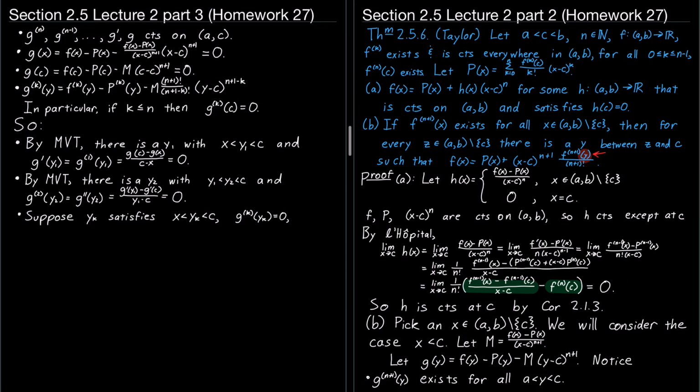And let's say k is less than or equal to n. Why do I want it less than or equal to n? Because of this condition up here, that if k is less than or equal to n, then I can take k derivatives at c and get 0, and notice that that is important.